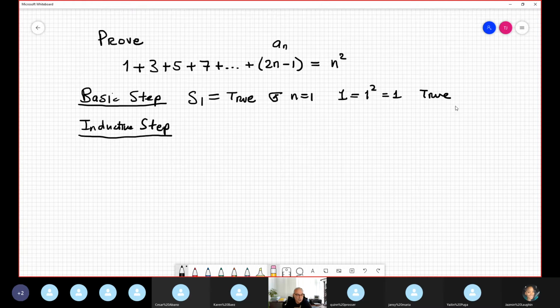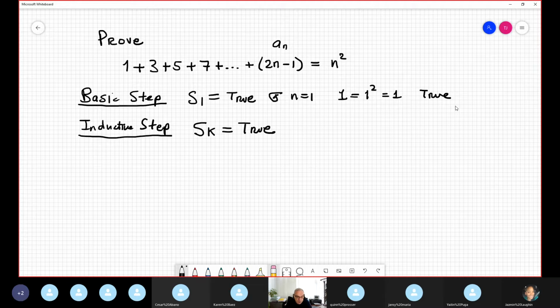In your solution, you don't need to write that. This is only for the purpose of the explanation. No? You assume that A sub k is true. Okay, I enforce the situation. I assume it's true.